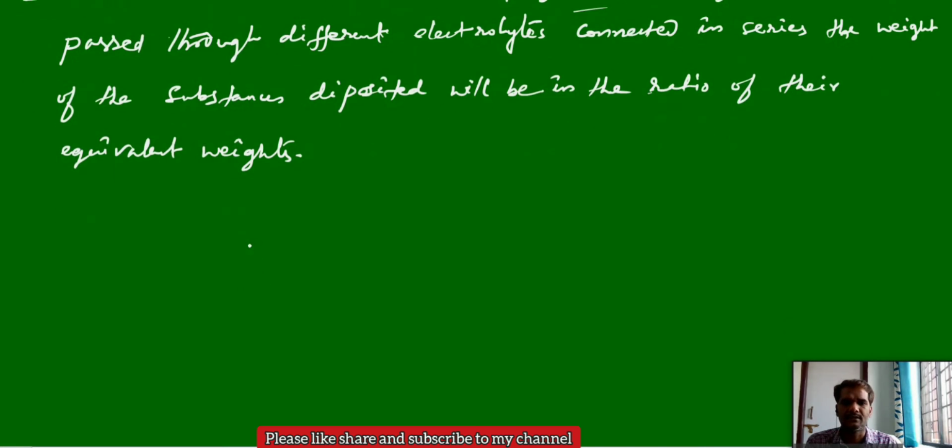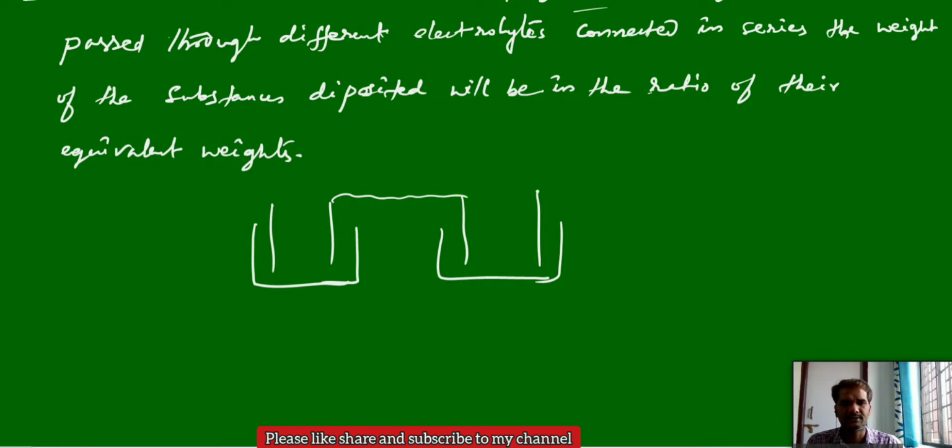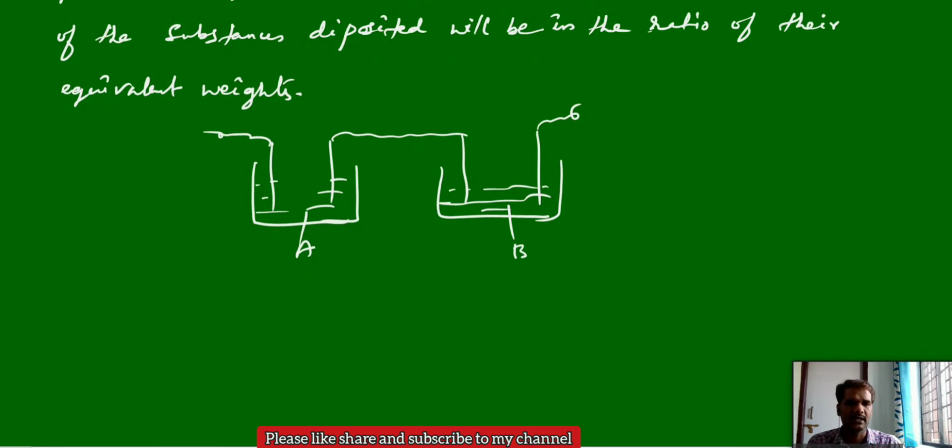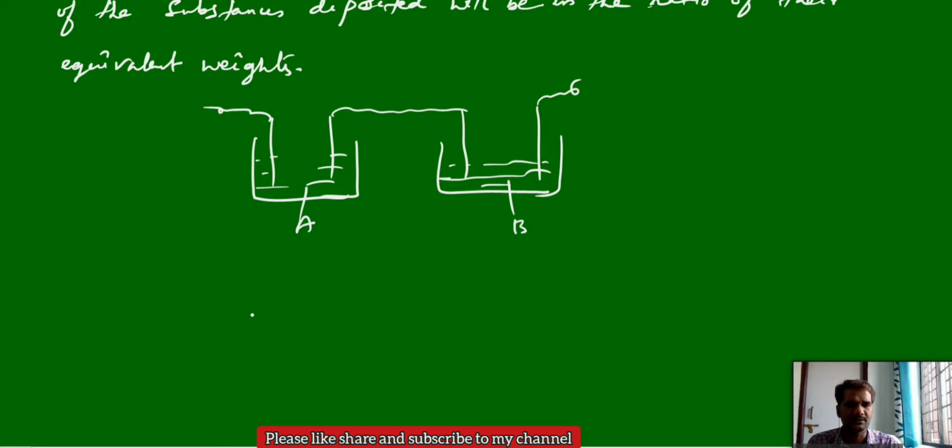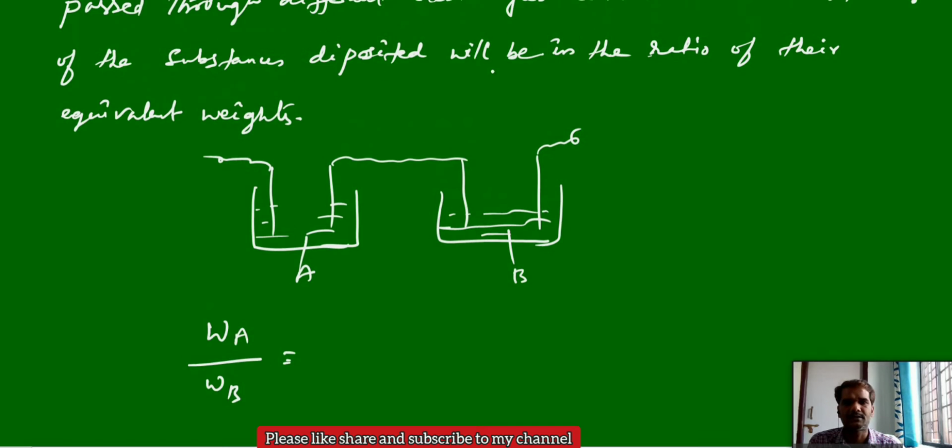That means what? Let us take two electrolytic solutions connected in series. Let us assume we have electrolytic solution A here and electrolytic solution B here. We pass the same amount of current through these electrolytic solutions. Then the weights of the substances deposited or liberated, let us assume weight of substance A and weight of substance B, will be in the ratio of their equivalent weights.